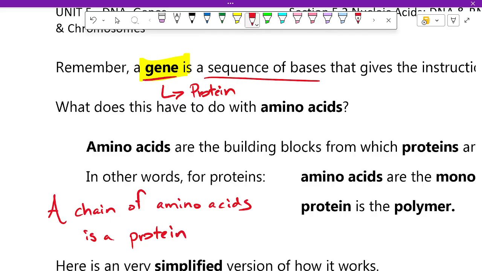So if you take a bunch of little amino acids and you stick them together, you get a protein. What do we call those little things that we stick together? Amino acids, but they are a type of thing. We have single units. The amino acids are the single units. Those are our monomers. Yes, they are.